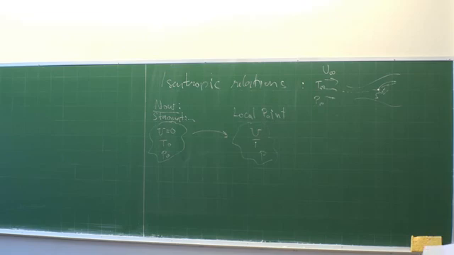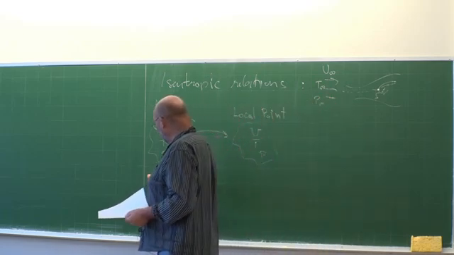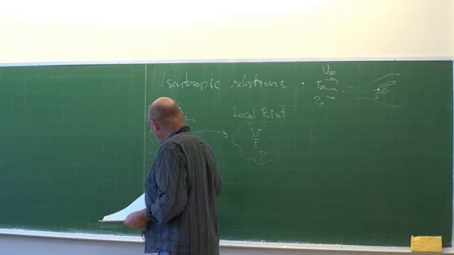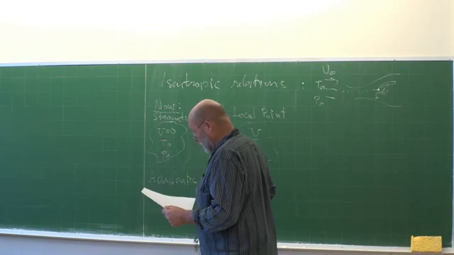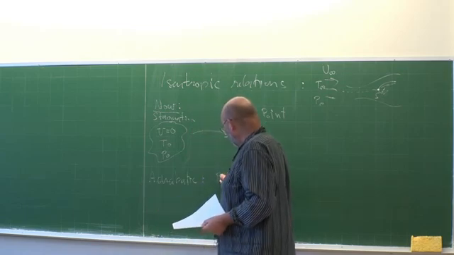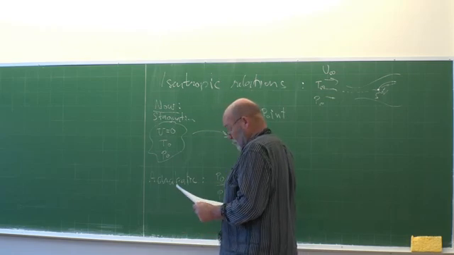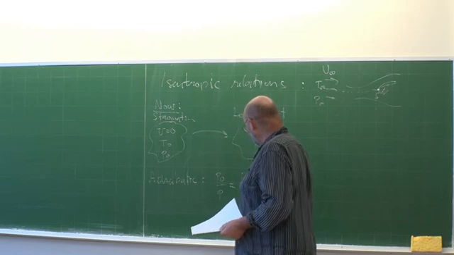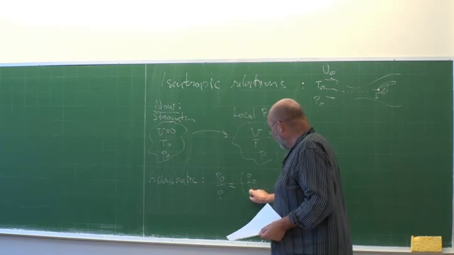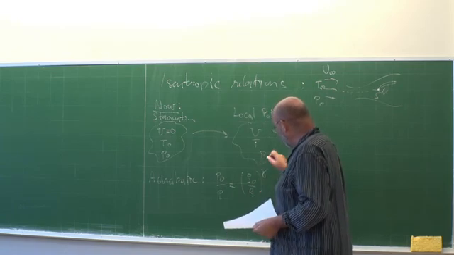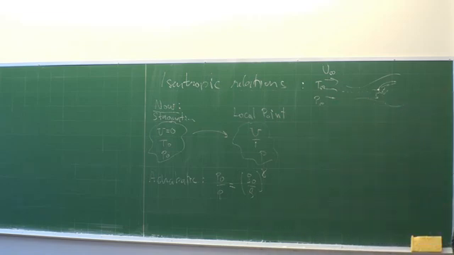And we are also going to use the adiabatic relations. Adiabatic states that the pressure P0 over P can be written as the density in the stagnation area versus the local point to the power of gamma. And gamma for air is 1.4 or something like that.